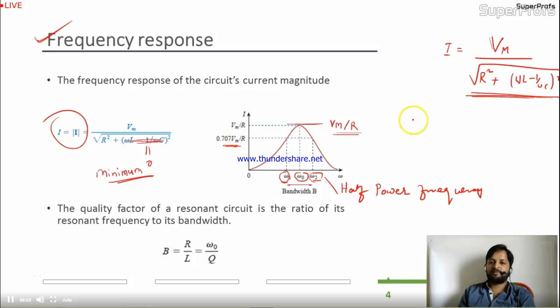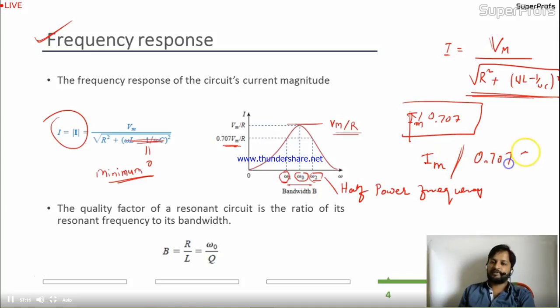At the resonant frequency, the current will be Im. At half power frequencies, the magnitude will be 0.707 of Im. I hope this is clear to you.